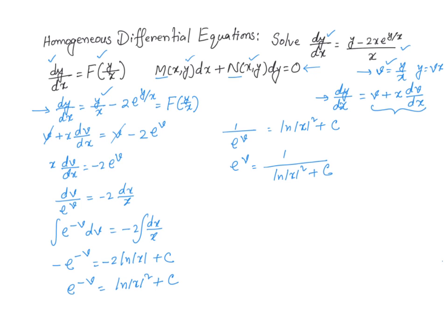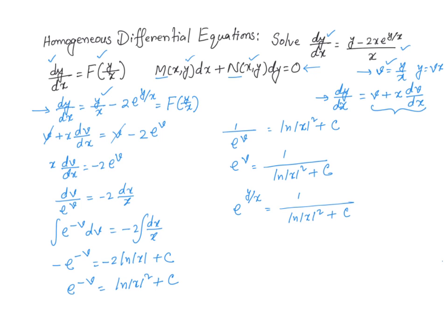Now v is actually y over x, so I could write this as e to the power y over x is equal to 1 over ln of absolute value of x square plus c.